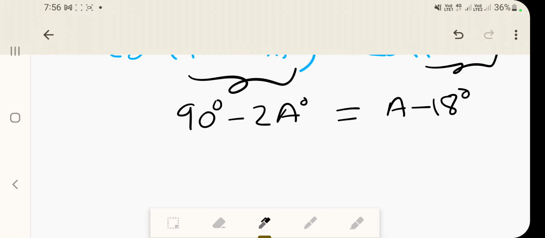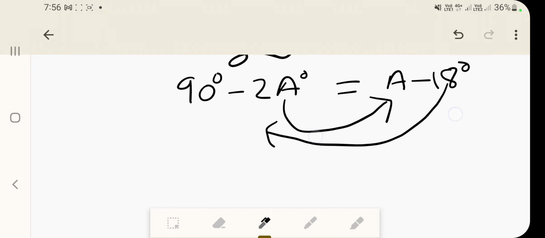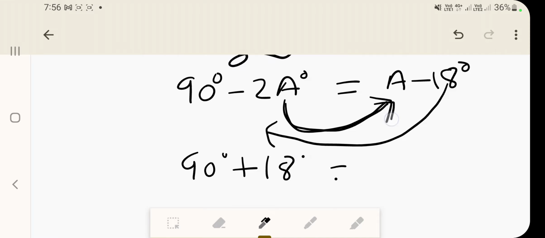Now minus 2a we can bring to the right hand side, and minus 18 we can bring to the left hand side. When we bring the minus 18 to the left hand side, it becomes 90 plus 18 degrees, and when we bring minus 2a to the right hand side, we get a plus 2a.